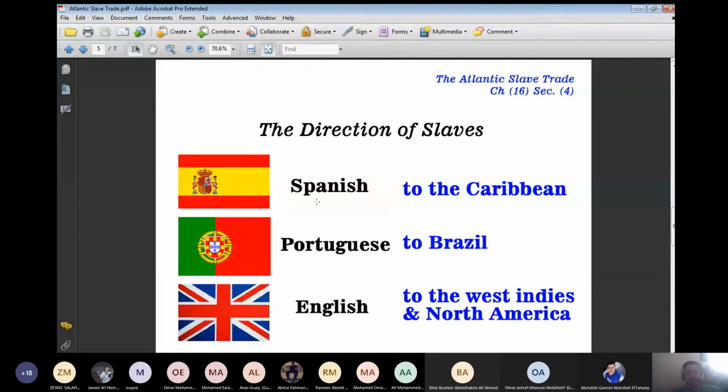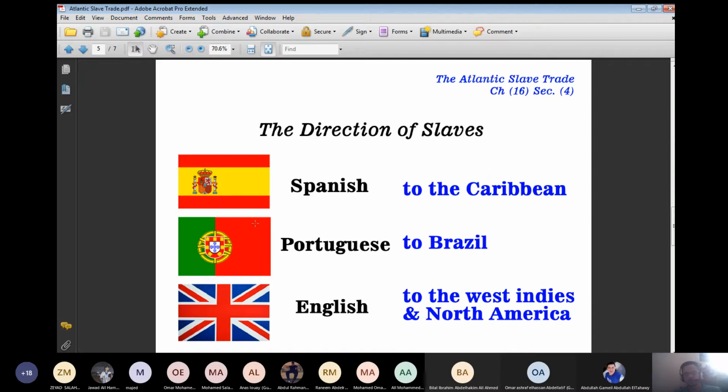So the Spanish traders who get the slaves will simply move the slaves to the Caribbean islands. The Portuguese, the one and only colony they have is Brazil, because of the Treaty of Tordesillas. Yes. Okay, the one and only Portuguese colony over there in the Americas was Brazil.